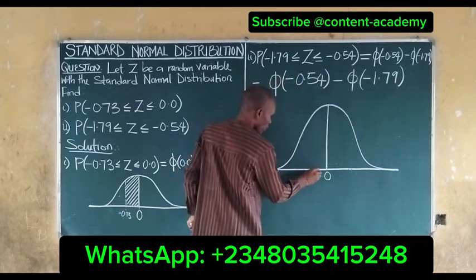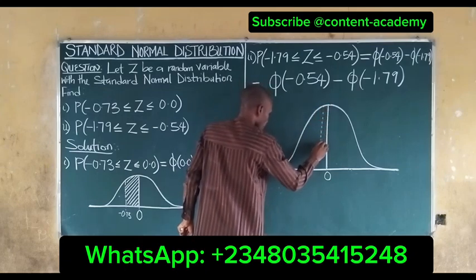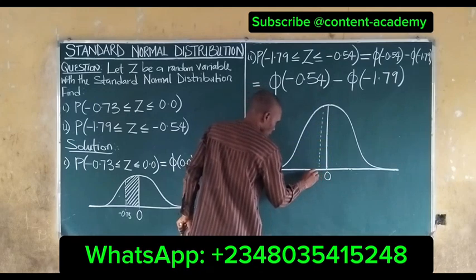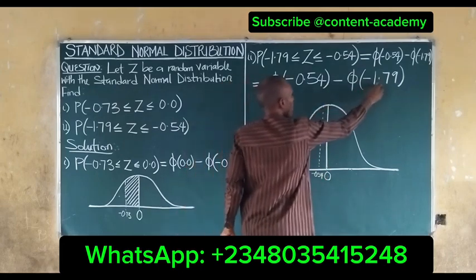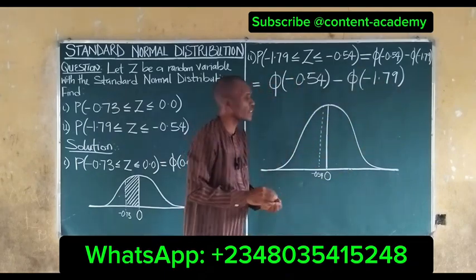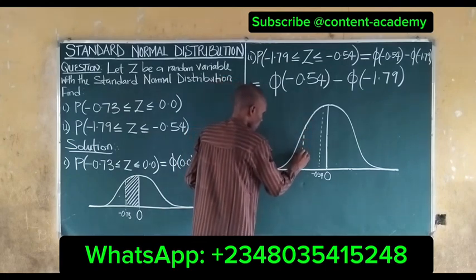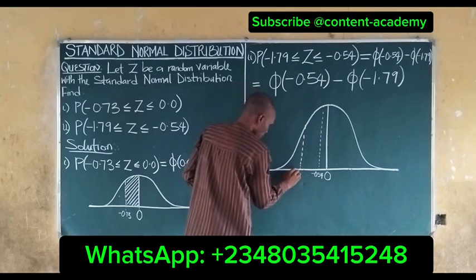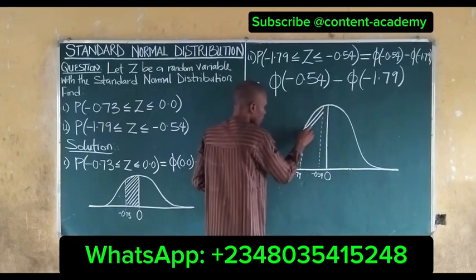Of course, 0.54 will come first, let's say it will be somewhere here, negative 0.54, and negative 1.79 here. So we can now shade.